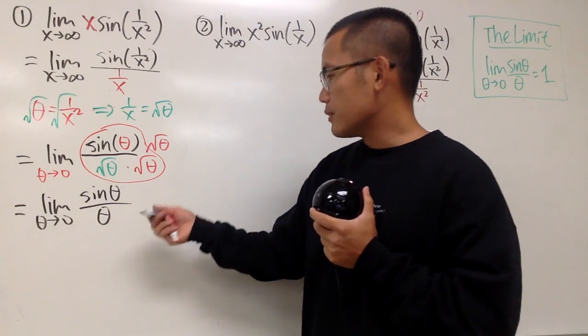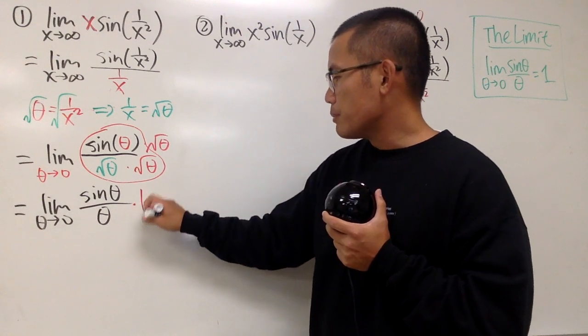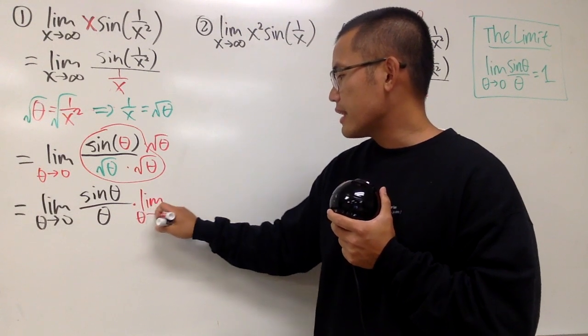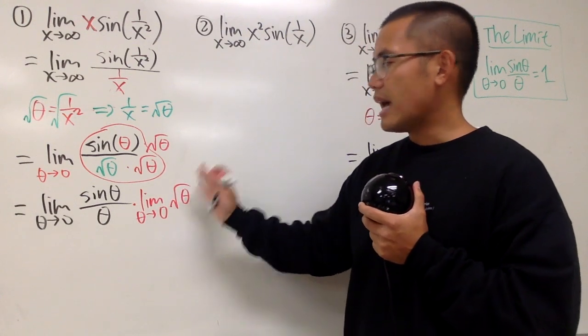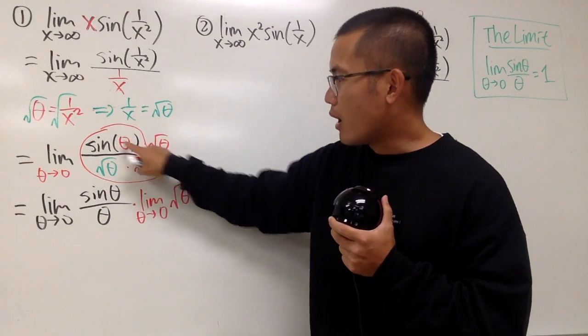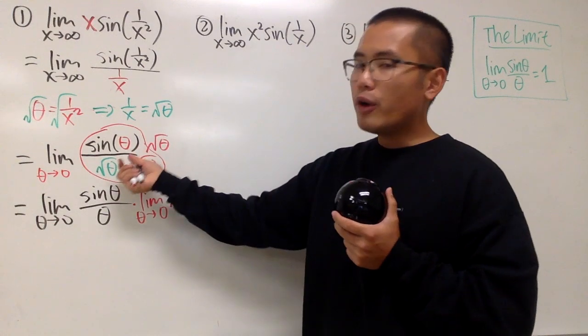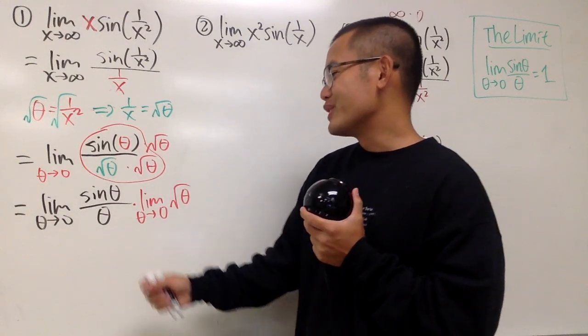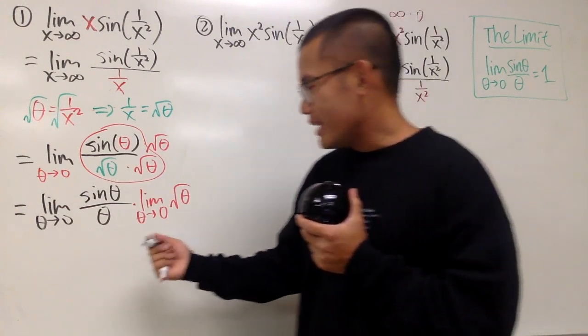Well, so here's the write out. You can write this down, and then I will just write this down again, multiplied by the limit as theta going to 0 of the square root of theta, like this. Again, this is the product of this part and that. And when we take the limit of a product, because both limits exist, we can just do the product of the limits like that. Anyway, here we go.